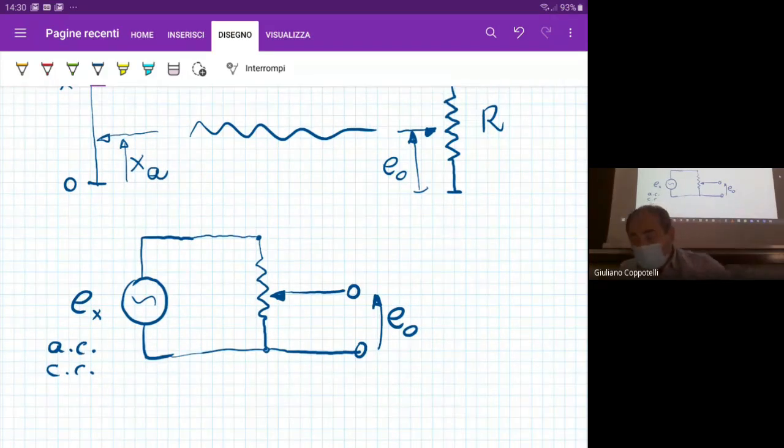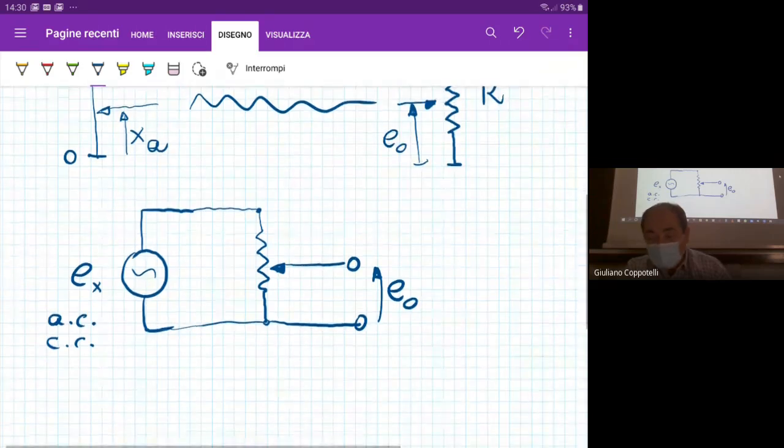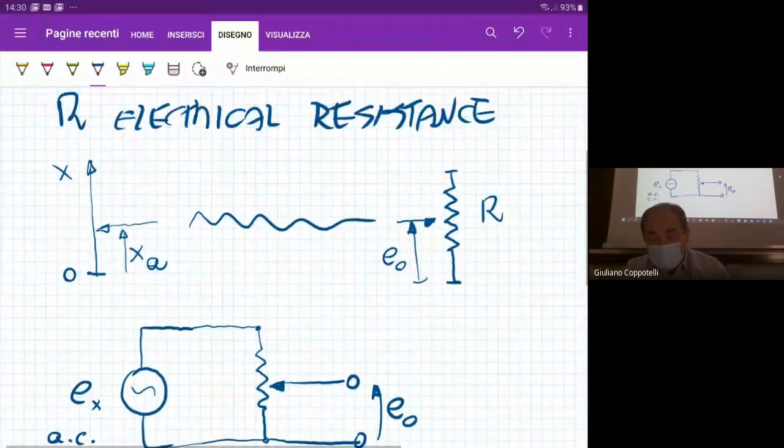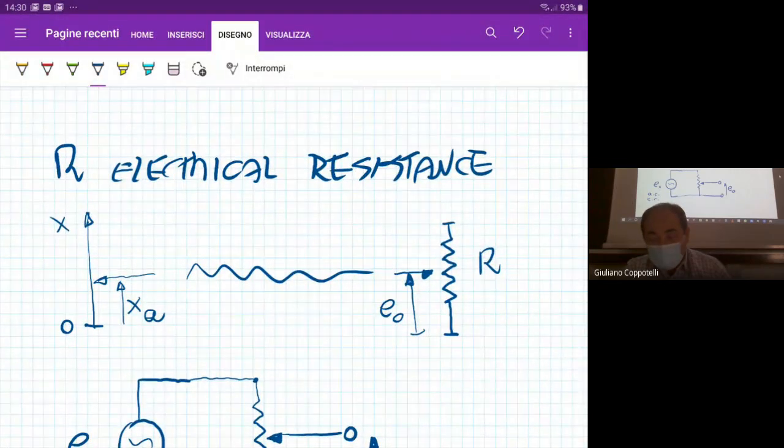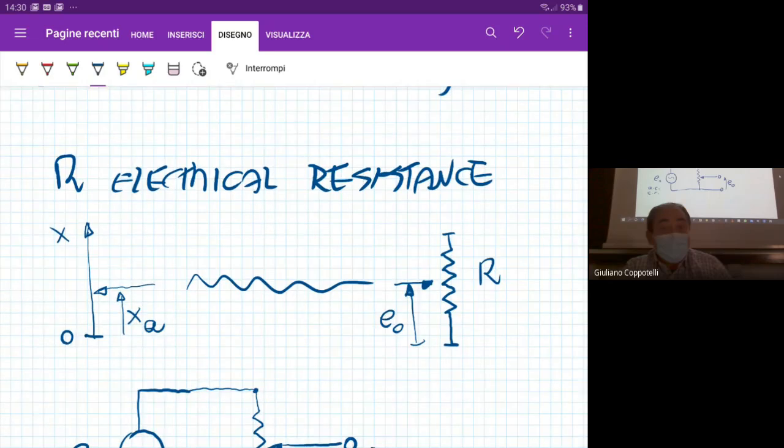Now, let me consider that your transducer will be characterized by a maximum, let's say total displacement that could be measured.